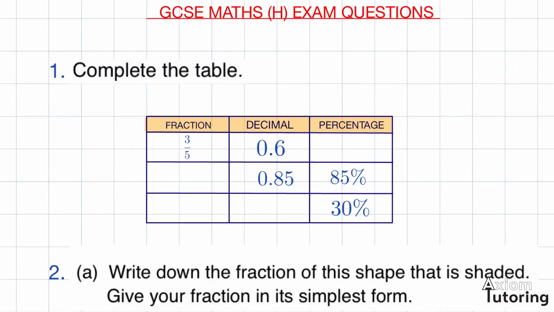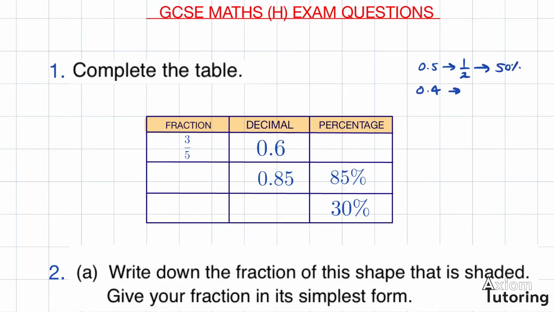So we have to write a percentage that is equivalent to the decimal 0.6 and the fraction 3 over 5. If we think back to the intuitive way that we do this, where 0.5 is definitely a half, which is 50%, then we can say that 0.4 must be less than that.